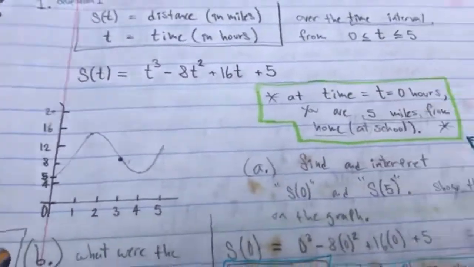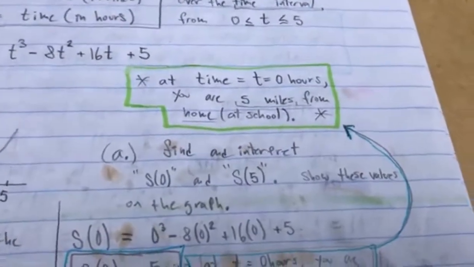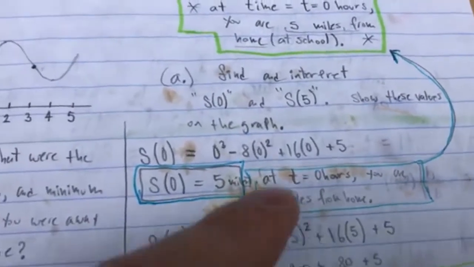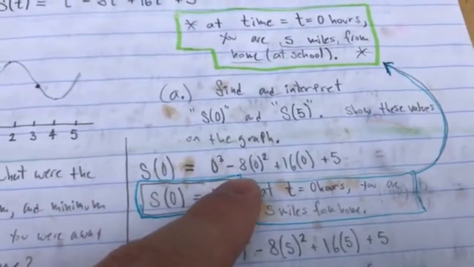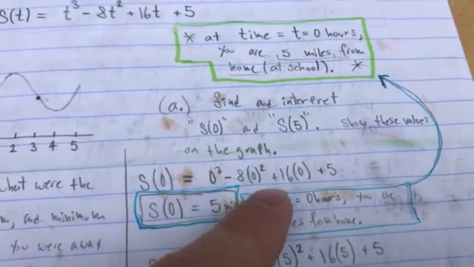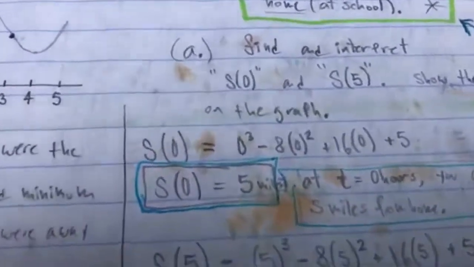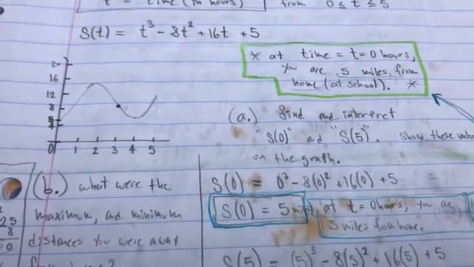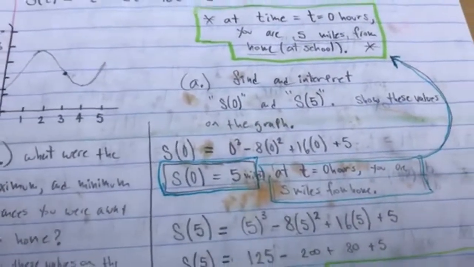And that's my bad drawing of the graph. Anyways, A, find and interpret s of 0 and s of 5, show the values on the graph. Alright, s of 0 is 0 cubed minus 8 times 0 squared plus 16 times 0 plus 5, which works out to 5 miles. You're 5 miles away from home at t equals 0, because you're still at school.